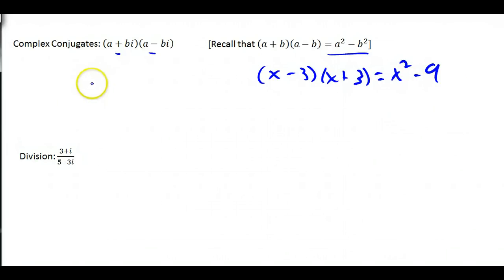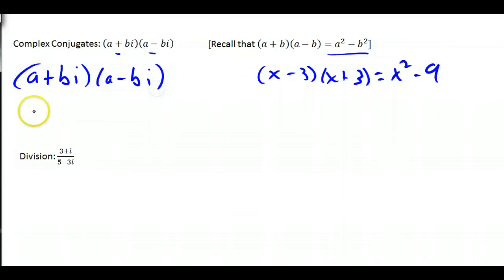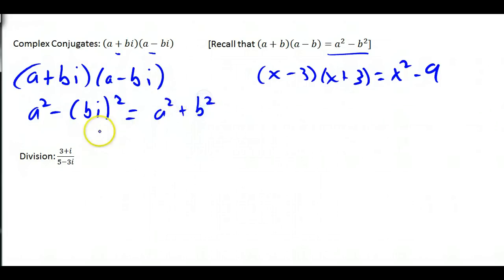So we're going to do that with our conjugates here. So if I have a plus bi times a minus bi, that's going to give me a squared minus bi squared, and that's going to be a squared plus b squared. Can you see why? This is going to be b squared times i squared, and i squared is -1.